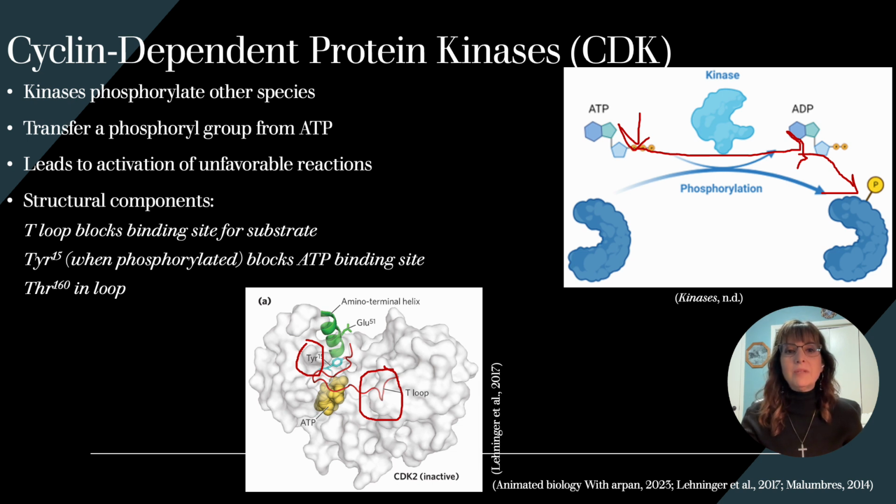Now on this diagram, you don't see it, but you'll see it in another picture coming up. There is a threonine 160 residue in the loop, and it plays a role in helping to activate the whole cyclin CDK complex. So again, you need to understand a little bit about the structure of cyclins and CDKs to understand how they can do their jobs.